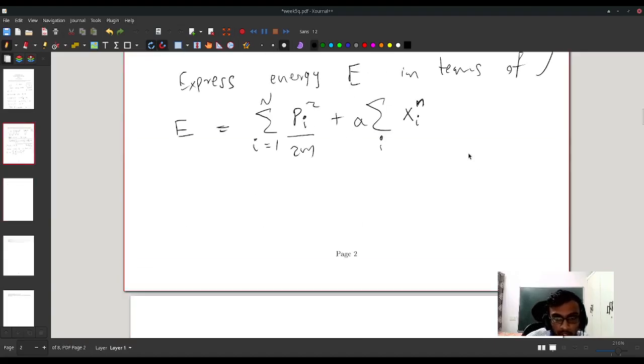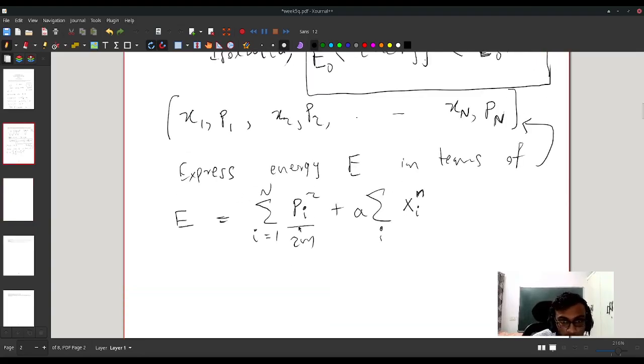This phase space is a 2n dimensional region, right?